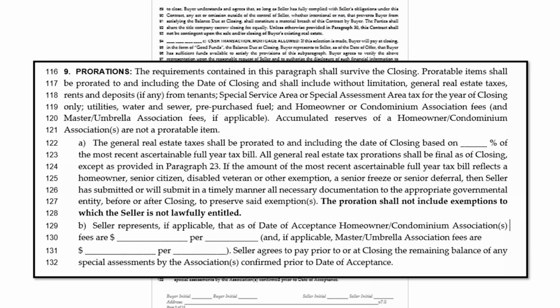Whatever it is, the seller is going to pay the remaining balance of any special assessments by the association confirmed prior to the date of acceptance, and they're disclosing what the association fees are so that they know what they are, and those two will be prorated.